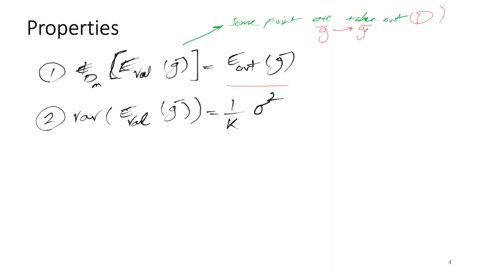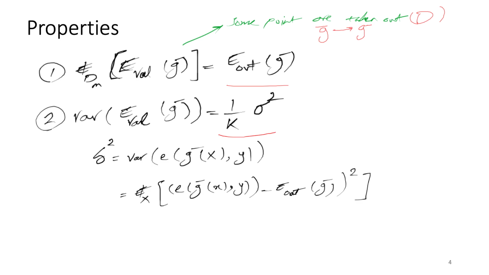All right, number two. We want to make sure to provide the proof that the variance of the validation error is going to be 1 over K sigma squared, right? So this is the variance. If you recall, previously we had this formula, the variance of the pointwise error for g minus bar x and y.